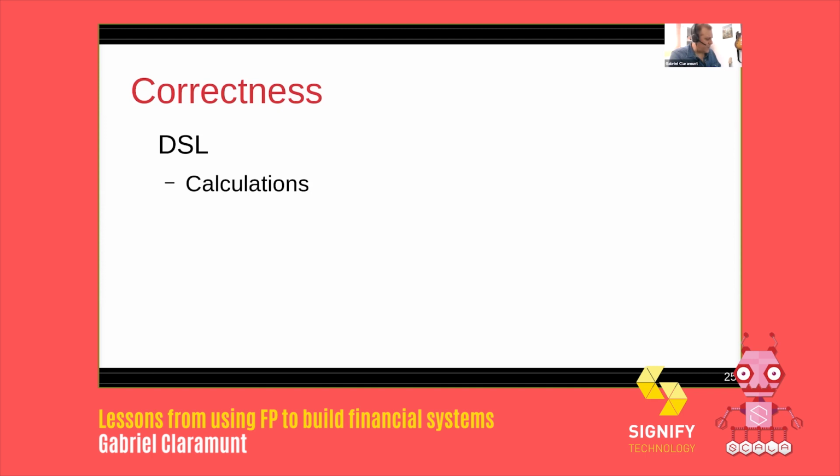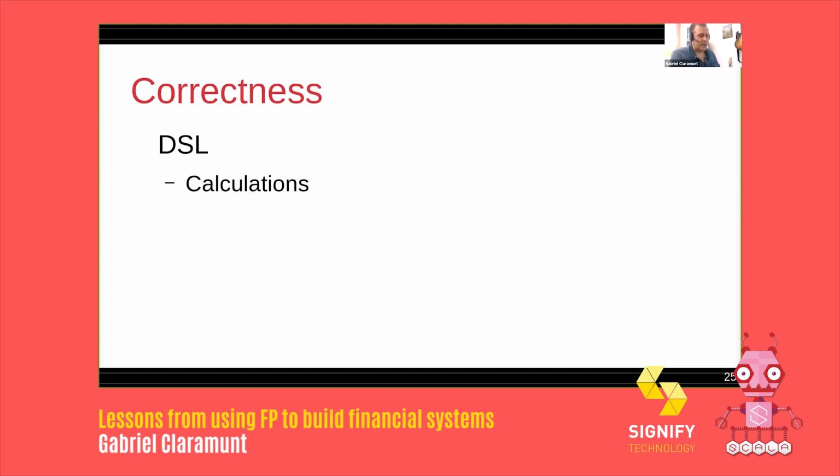So not really a DSL, but one thing I've been doing lately is, instead of having all the calculations scattered across the system, collecting all the different calculations in only one place and trying to clean them up in the most readable way possible. Try to eliminate the noise. So there is a page I can print and take to the financial analyst and say, okay, how do these calculations look? Are they correct?